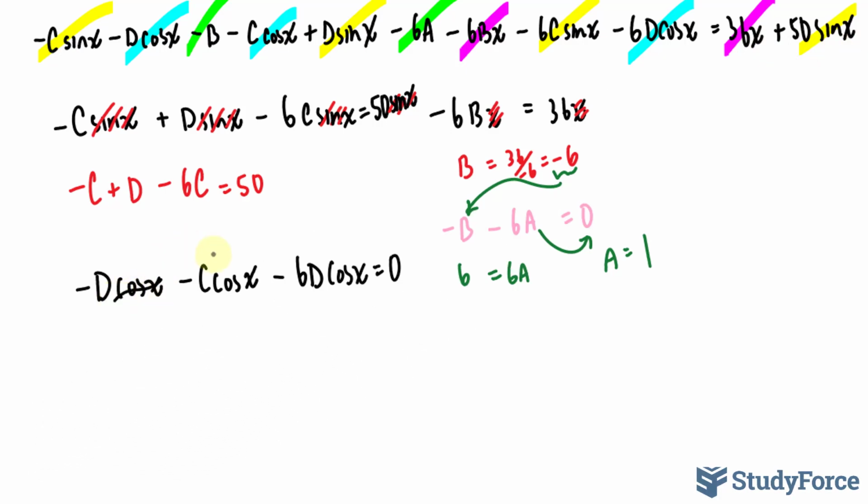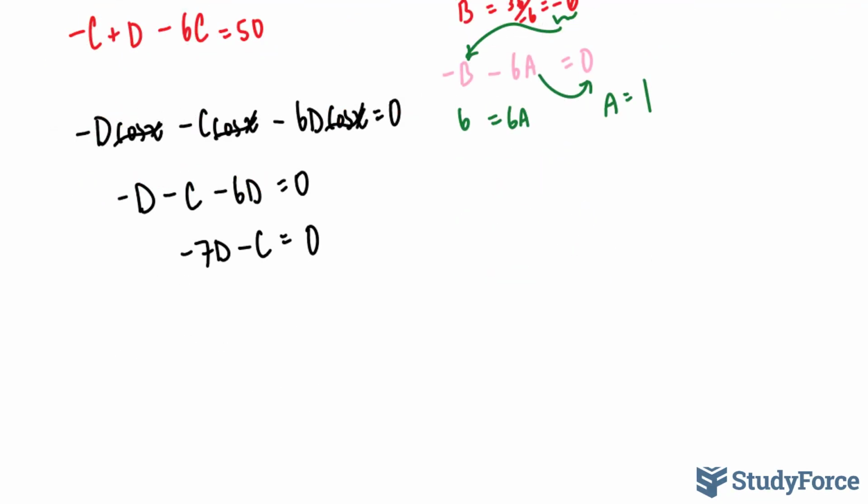The cosines can cancel out because they can divide out, leaving us with negative d minus c minus 6d is equal to, combining the d terms, negative 7d minus c. We can solve these two equations simultaneously because they look like a linear system. I can take the c over, that gives me negative 7d is equal to c.